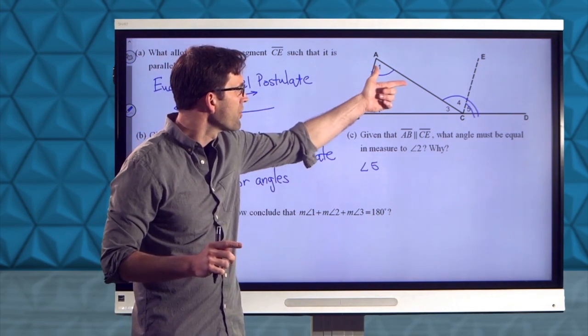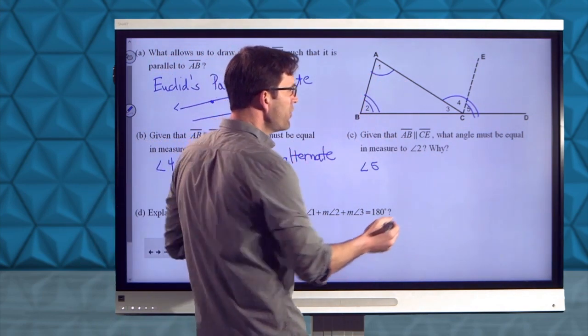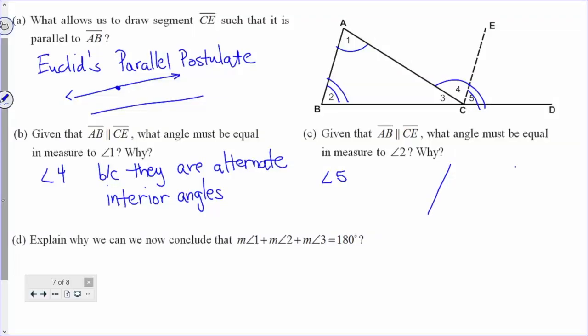You almost want to sort of mentally remove line segment AC, right? But if you remove line segment AC and you're just left with AB, right? So this is B, this is A, this is C, and this is E, then here's 2 and here's 5.